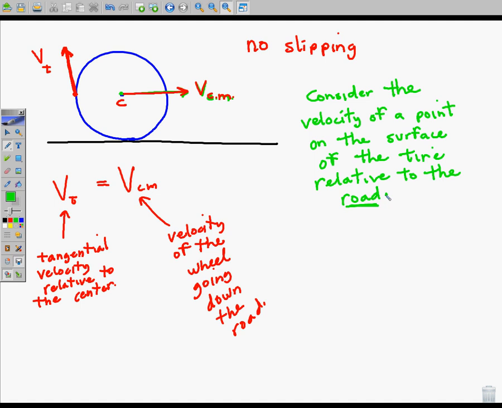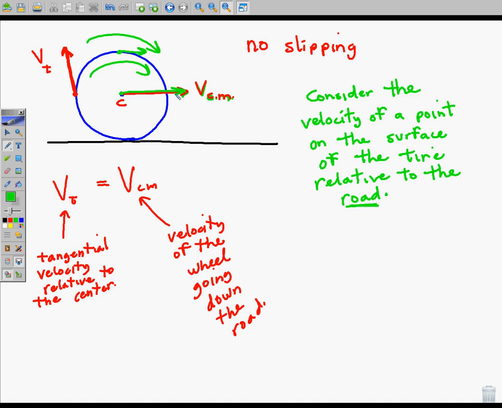Watch. As this tire goes around, like this, when it gets to that top point right here, it's moving forward relative to the center because of that roundabout motion, plus the whole tire is moving forward.